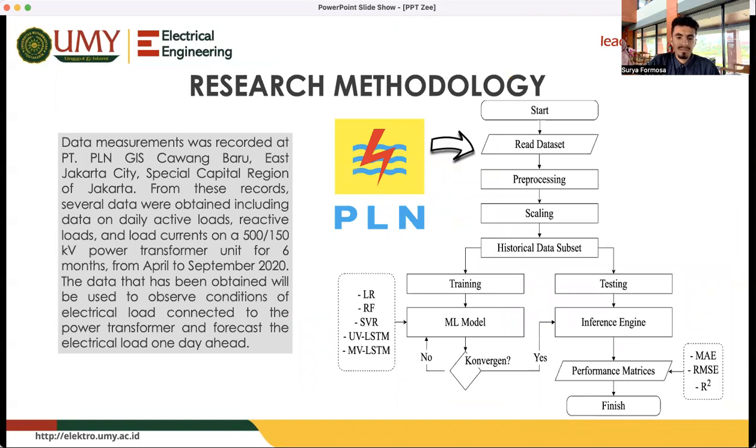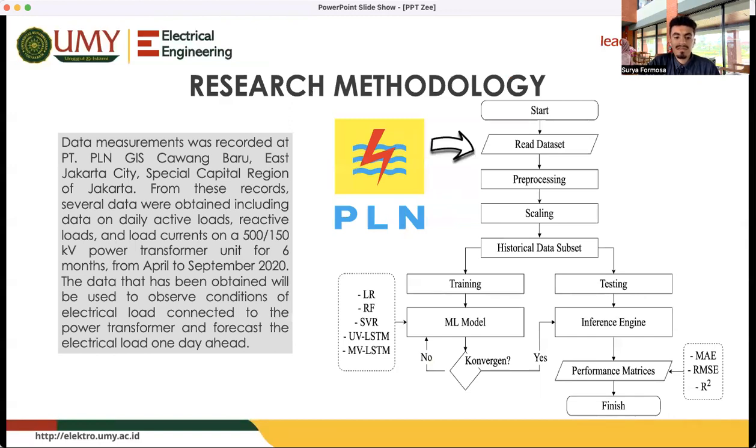Research methodology. The data measurement was recorded at PT PLN, the electricity company in Indonesia, in Cawang Baru, East Jakarta City, the special region of Jakarta.